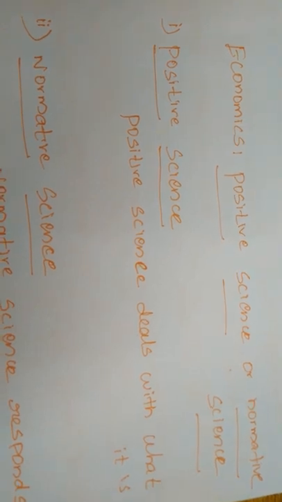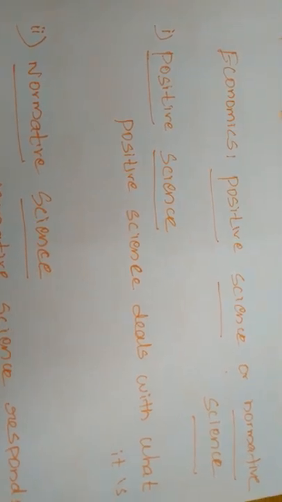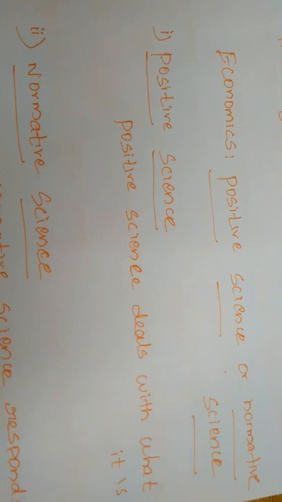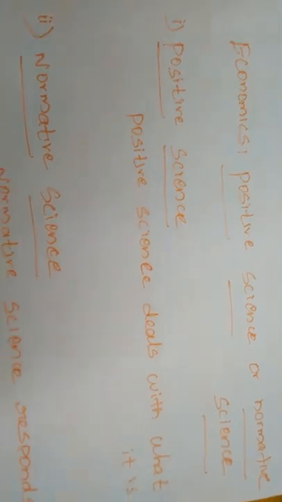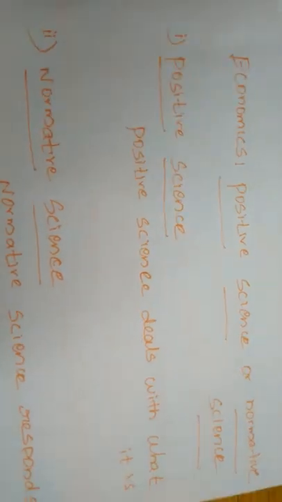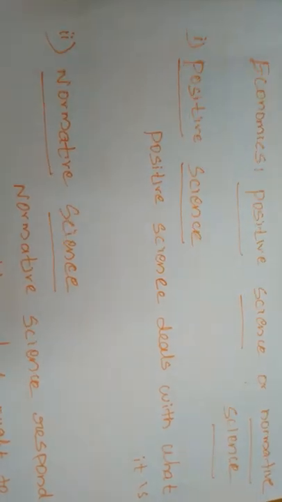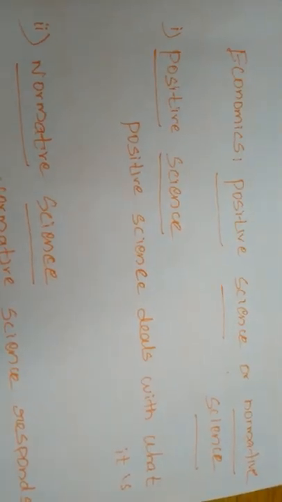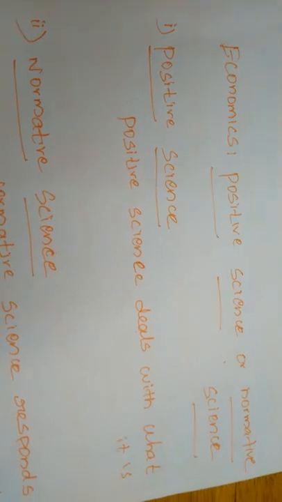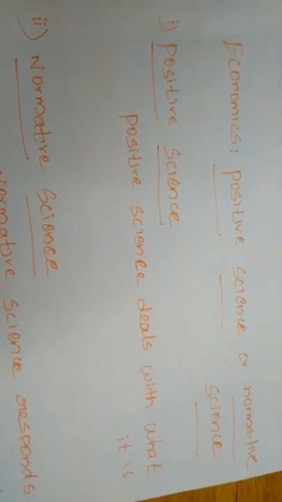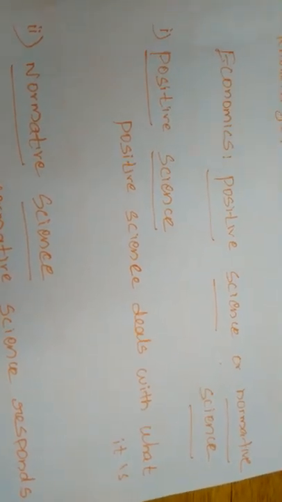For example, at the time of a price increase, its causes are analyzed. Suppose in a market the price of a commodity is increased, so positive science will analyze the reasons why the price was increased.